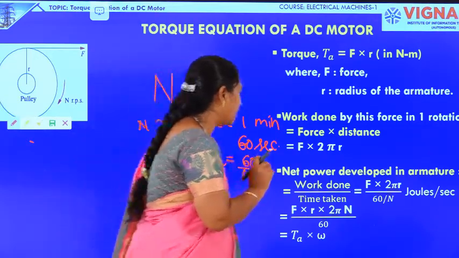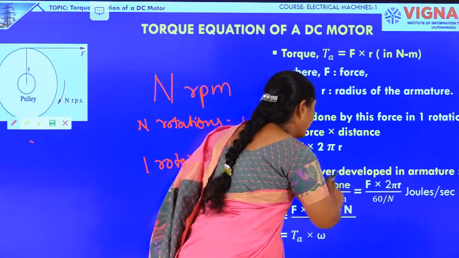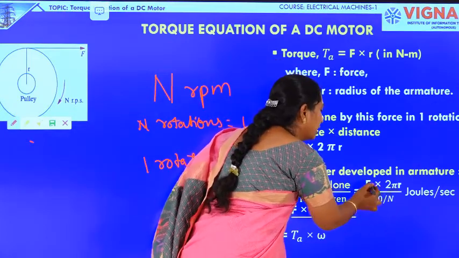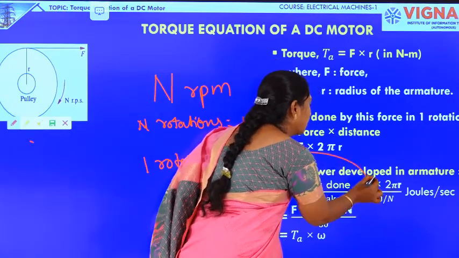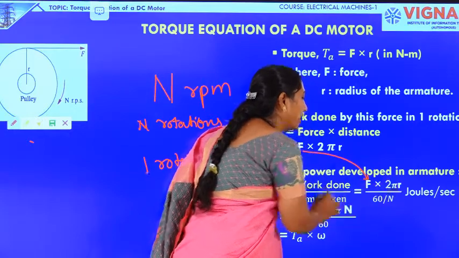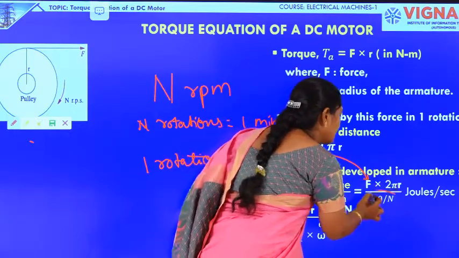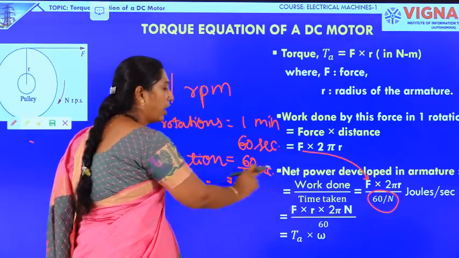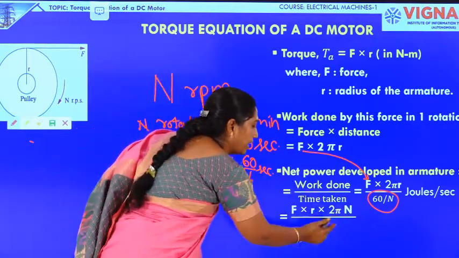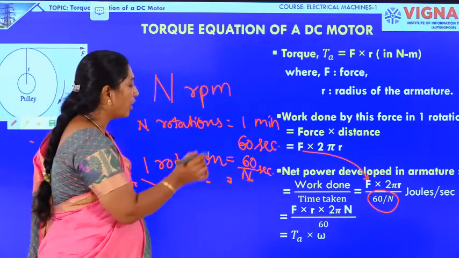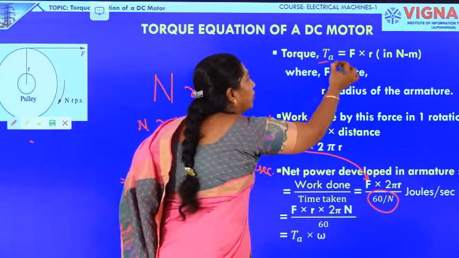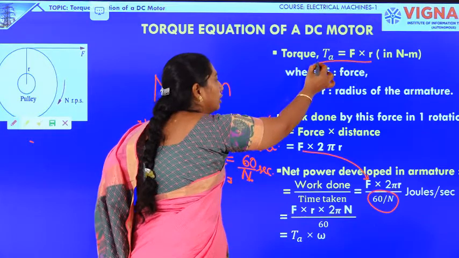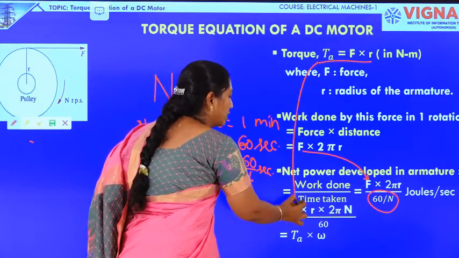That is what we are going to substitute here. Work done by time taken. The work done is obtained from here, F into 2 pi r divided by 60 by n. So it can be rewritten as F into R into 2 pi n by 60. We have already seen that F into R is nothing but the torque developed in the armature.